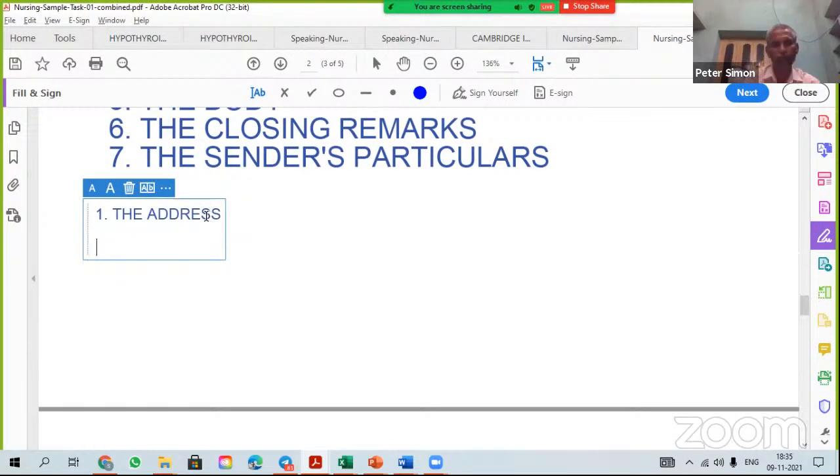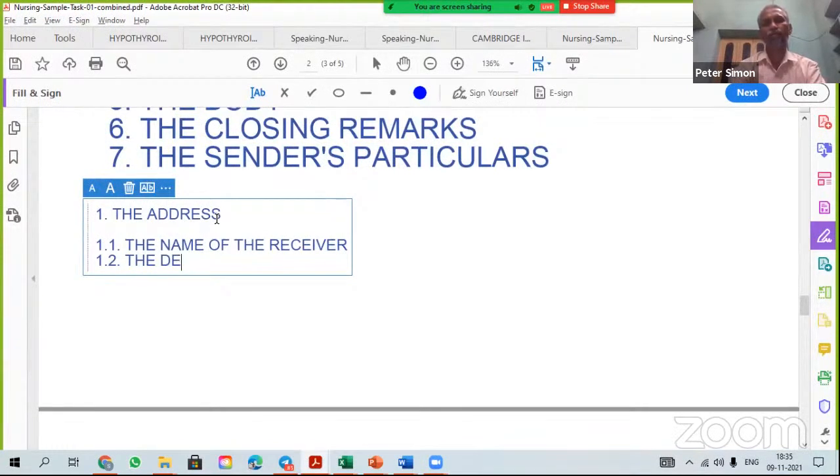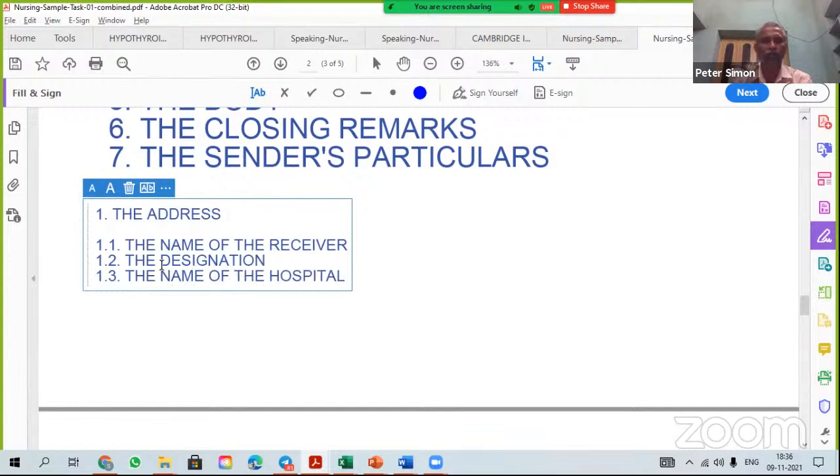1.1 is the name of the receiver. 1.2 is the designation of the receiver. 1.3, the name of the hospital, or you can say the name of the designation.